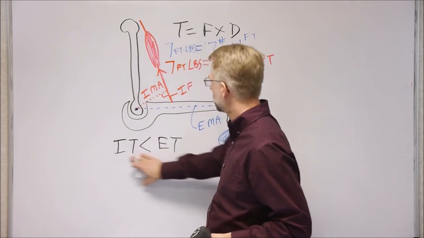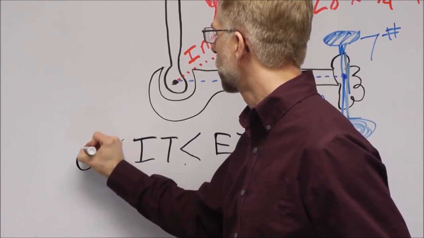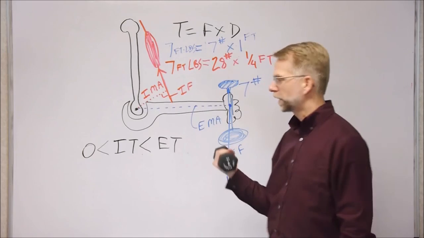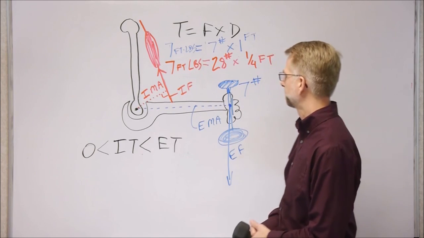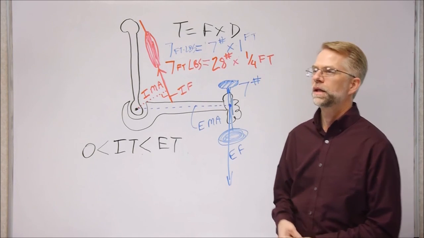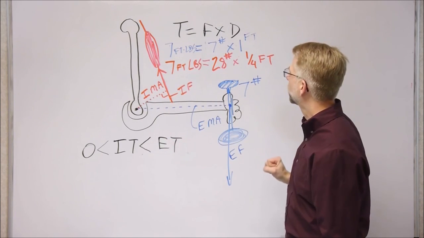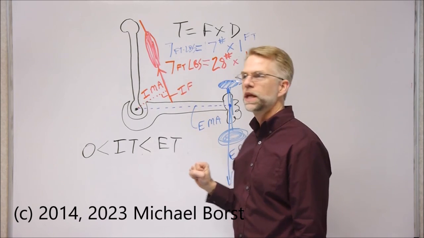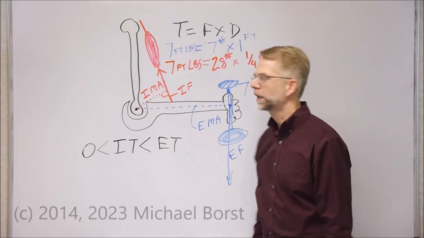This presupposes, however, that the internal torque is indeed greater than 0, because if my internal torque was 0, it wouldn't slowly lower at all, it would just drop right down. So that, in a nutshell, is torque, some torque concepts applied to levers, and then torque concepts applied to a biomechanical example.